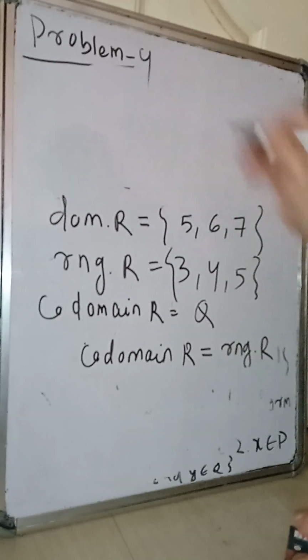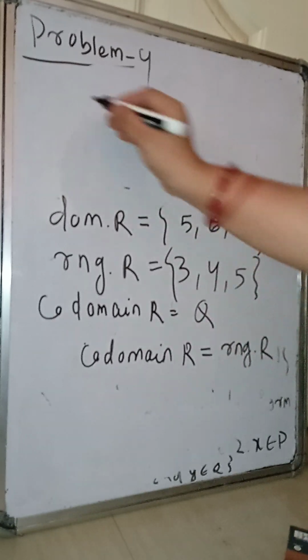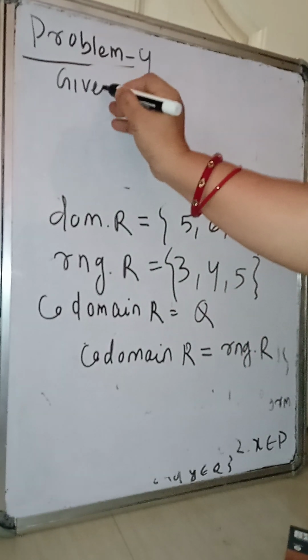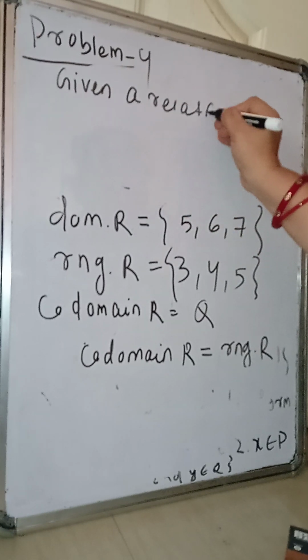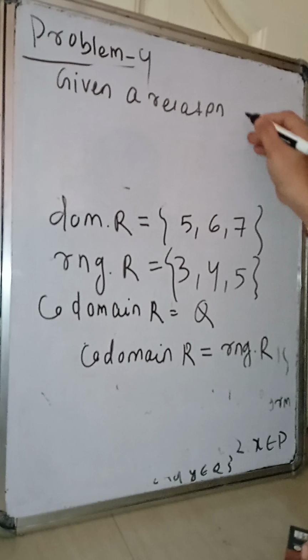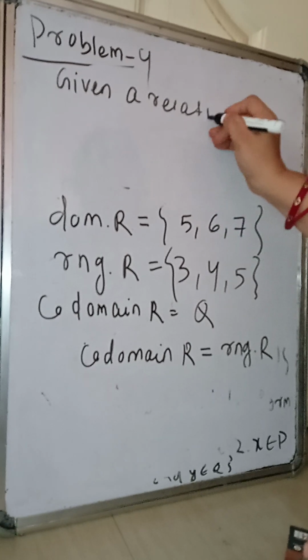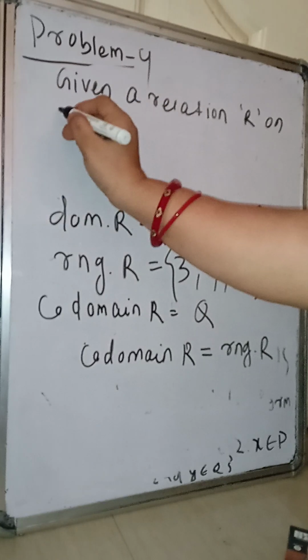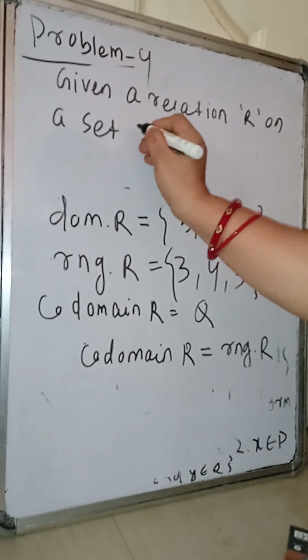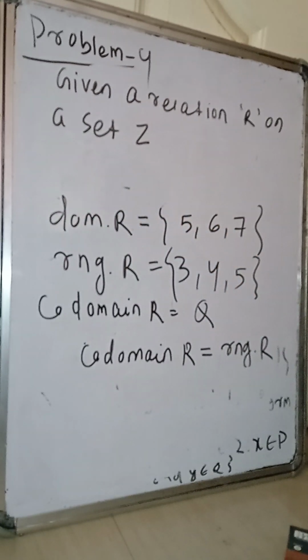Problem 4. The question is: given a relation R on the set of integers, that is the Z set. You know, Z is the set of integers.